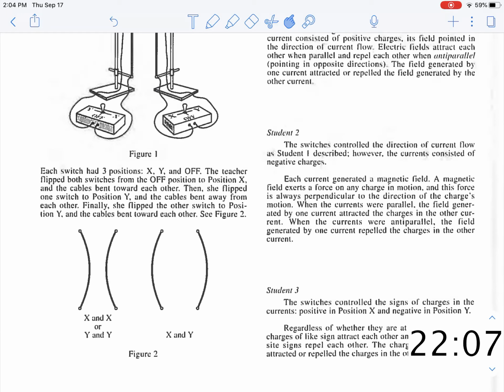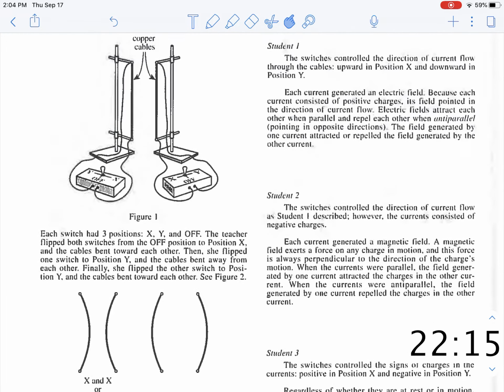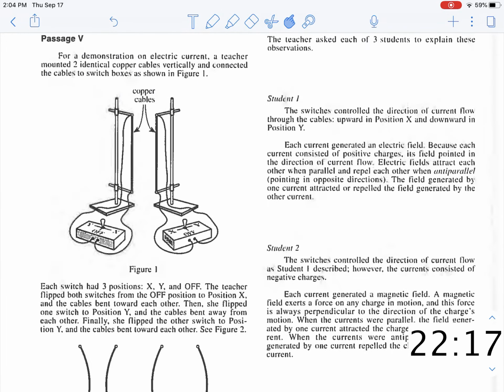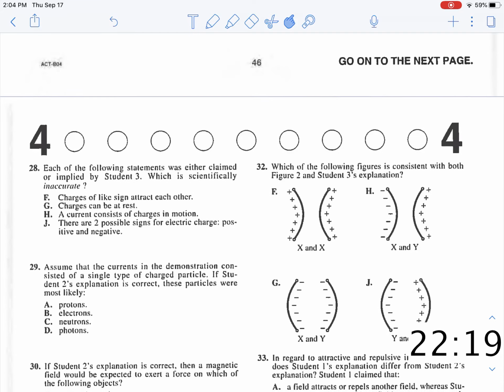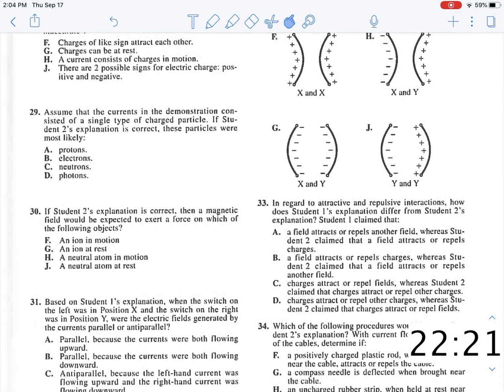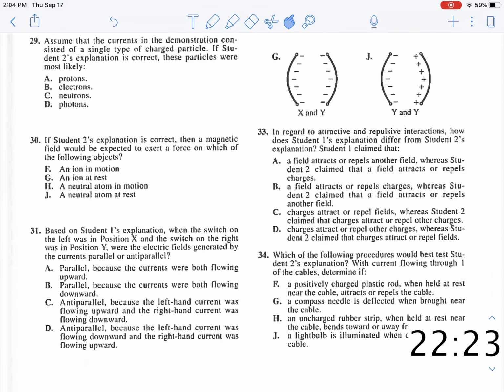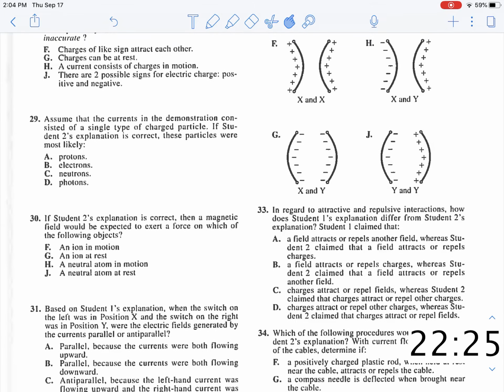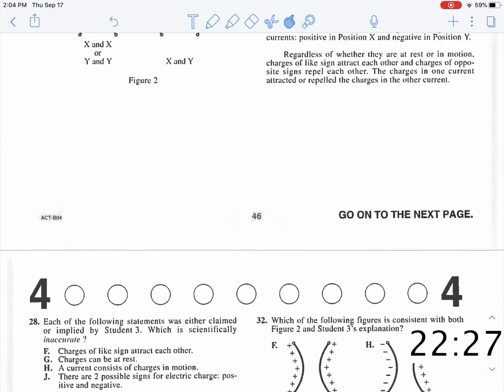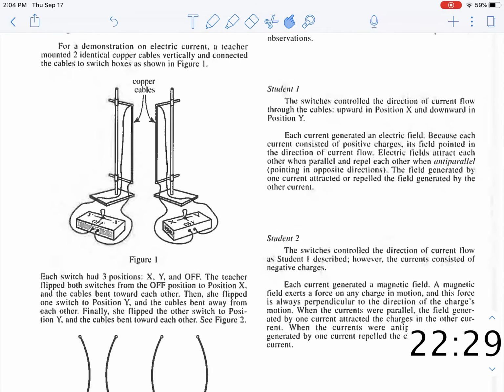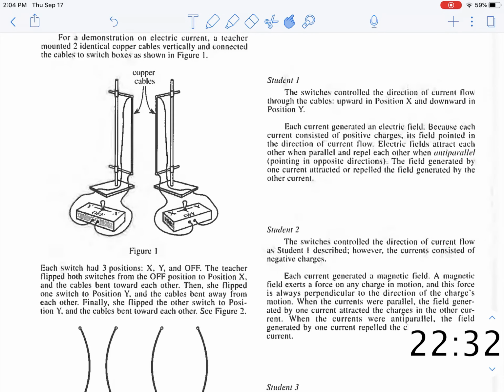Flipped the other switch, and Y. Oh, interesting. And then they have viewpoints. Cool. Dang it. Okay. The switch controls the direction of current flow through the cables.